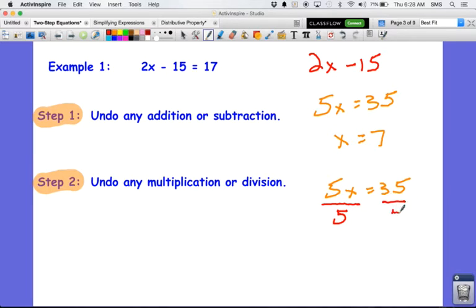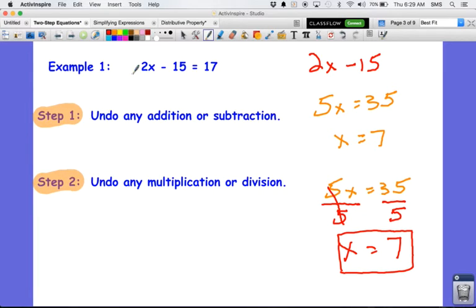Whatever I do to one side of the equal sign, I have to do to the other side. When I divide by 5, I get x by itself because 5 divided by 5 cancels out. That's the whole reason I divided by 5: to get rid of this 5 right here. They cancel each other out because 5 divided by 5 is 1. Then 35 divided by 5 is 7, and I'm left with x equals 7.